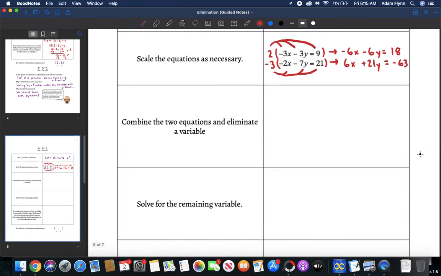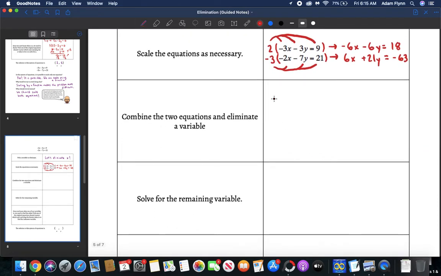I'll scroll down a little bit. Now I can combine the two equations and eliminate a variable.